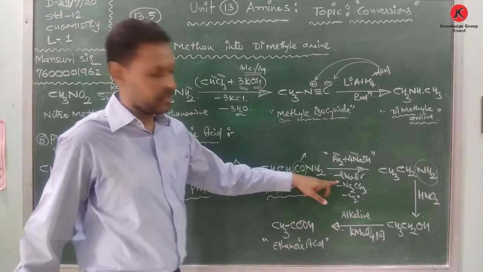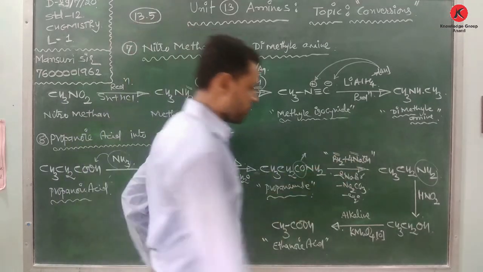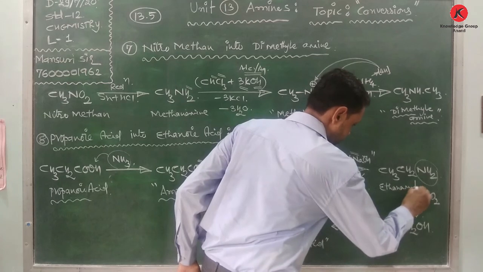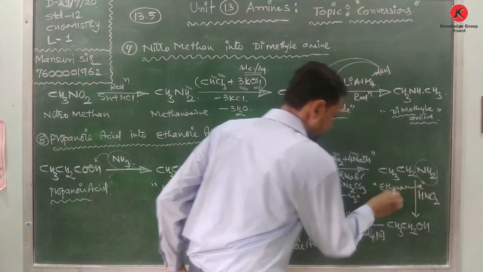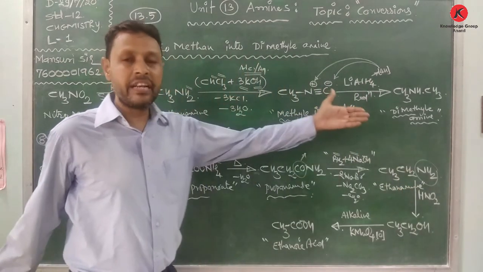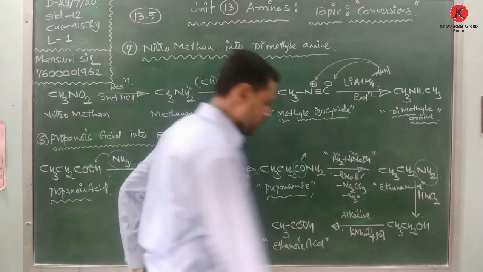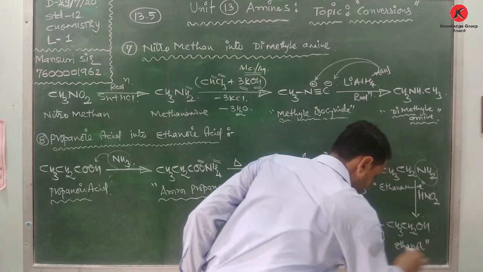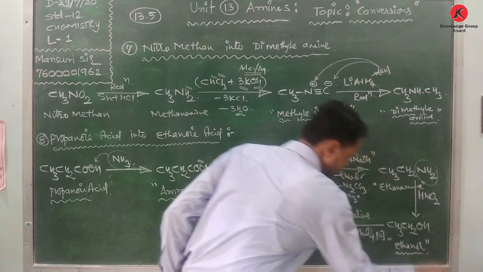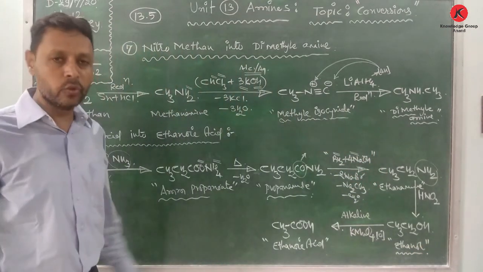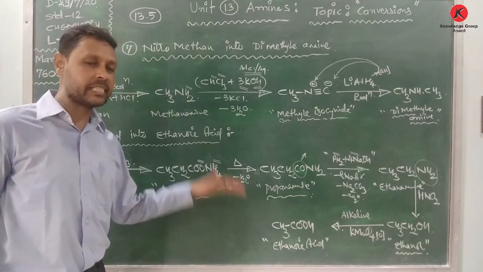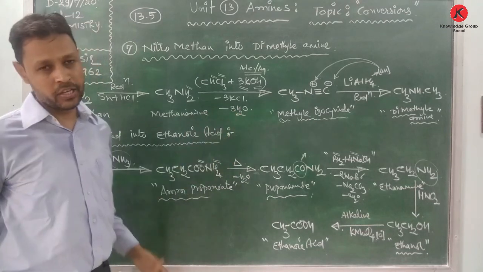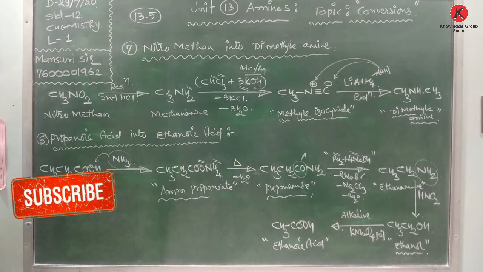And by using Hofmann reaction, we can obtain ethanamine. After getting ethanamine, when it reacts with nitrous acid, then it is converted into ethanol. And ethanol is converted into ethanoic acid, acetic acid by using alkaline KMnO4. So these were my conversions. Okay.